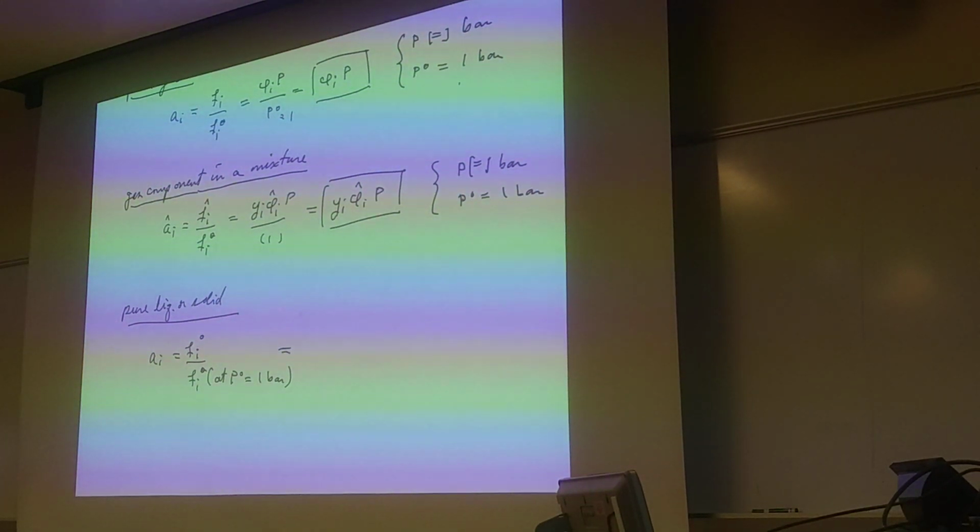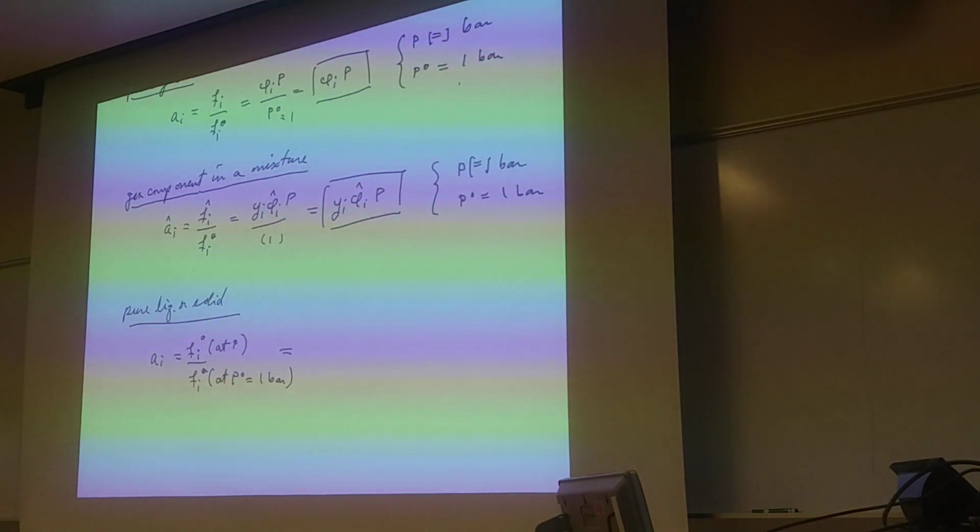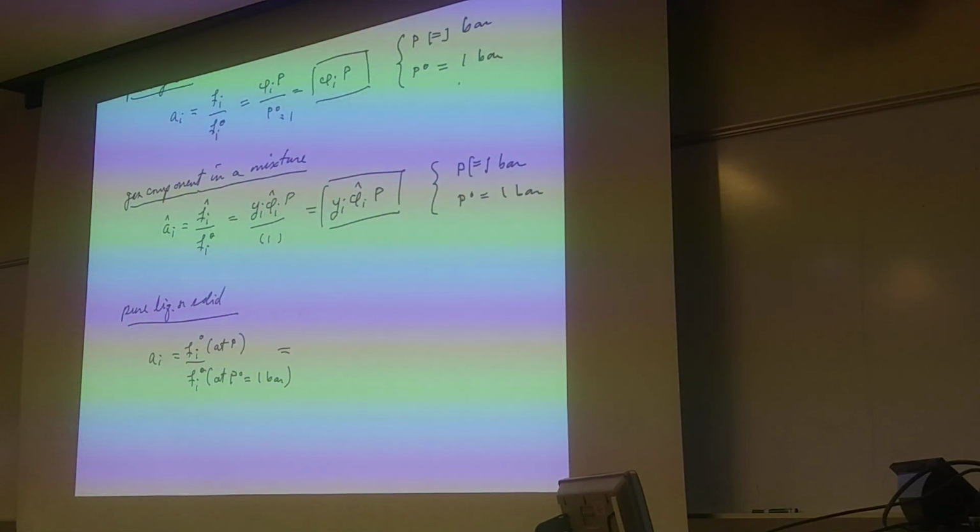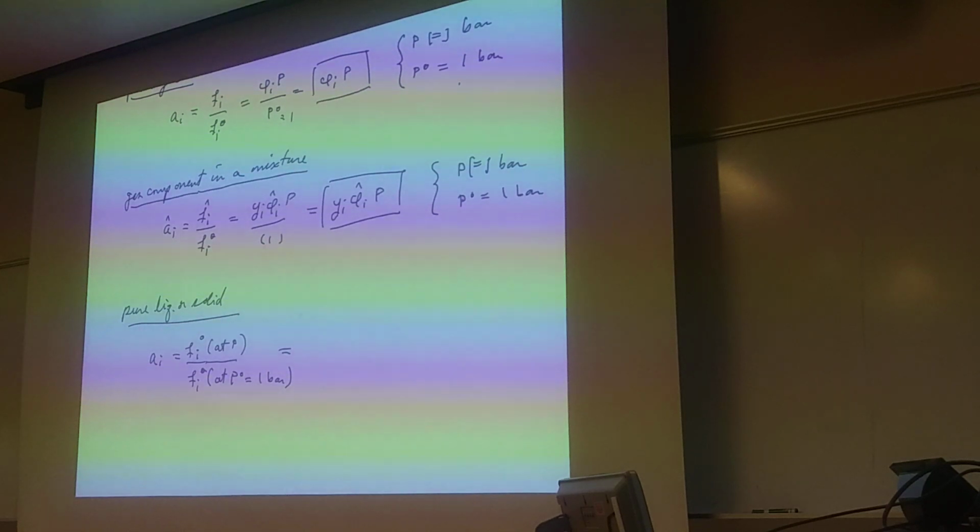So if I write this out, this is the fugacity of the pure material at P. This is the fugacity of the material at 1 bar. So how do we express that difference? That's going to be the exponential, the Poynting factor.